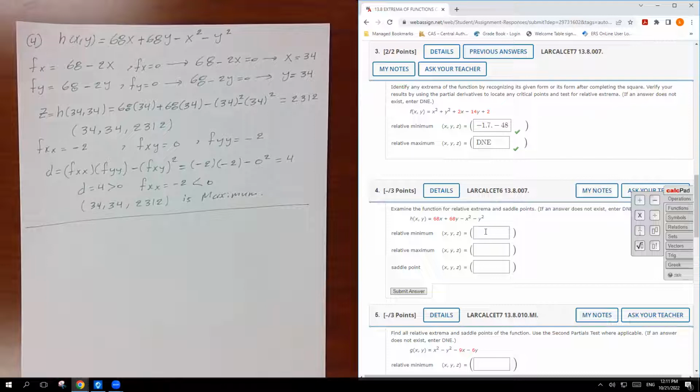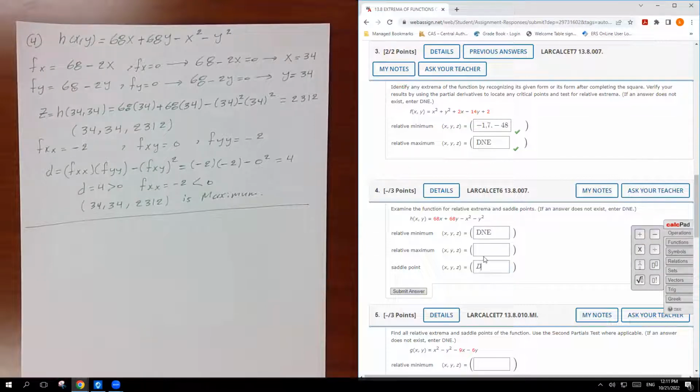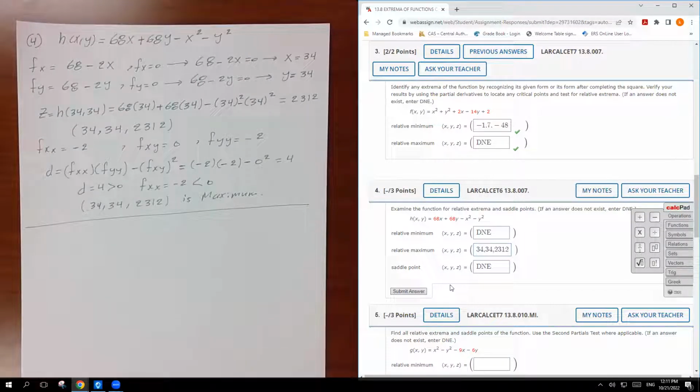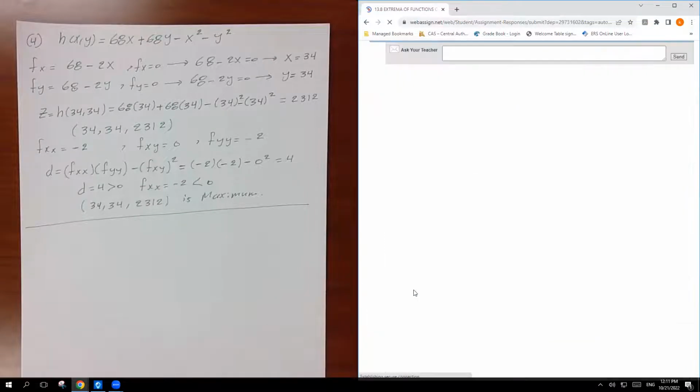Here is going to be DNE, and also here the saddle point is DNE, and here it's a relative maximum, which is 34, 34, 2,312. That's it for example 4.